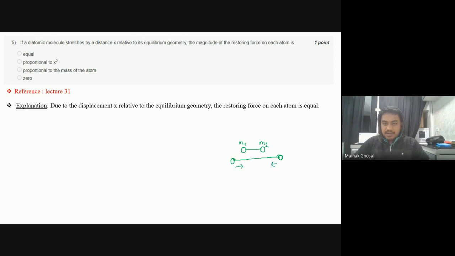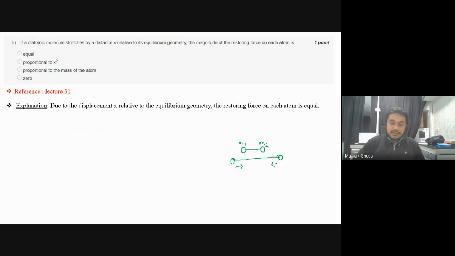back here. Since this is a symmetric stretch, only symmetric stretch is possible for a diatomic molecule. So if you are symmetrically stretching it, the force will always be equal. It will try to always come back equally. So the force will always be equal on these two atoms.